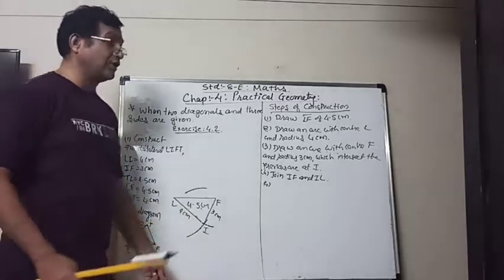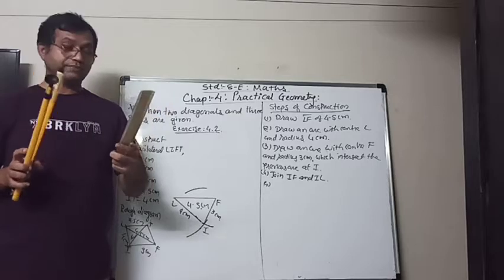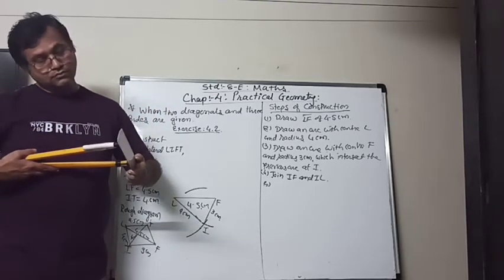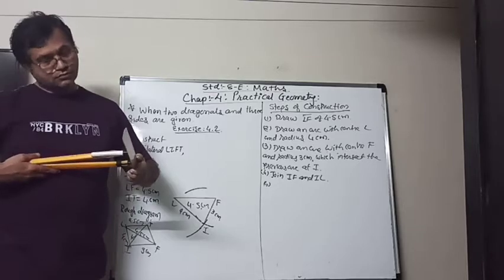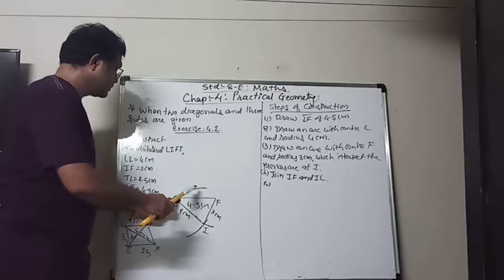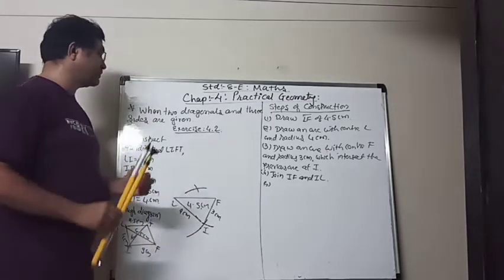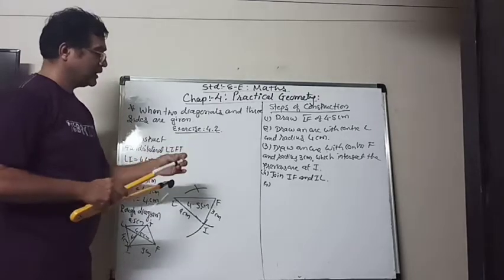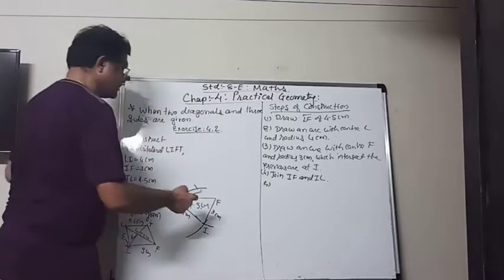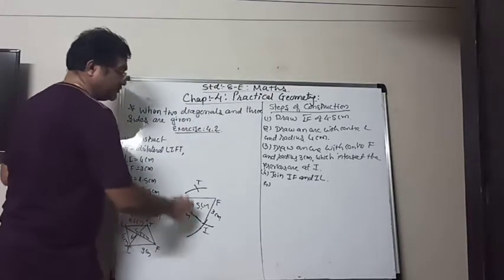So now 2.5 means for me it is how much? 10 centimeter. So now from the point L, take the arc of 10 centimeter which will intersect the previous arc somewhere, and that will be given the name LIFT, and then we will join them.